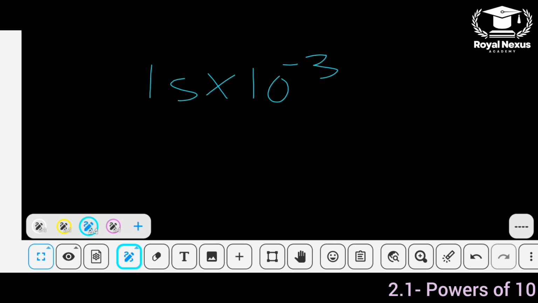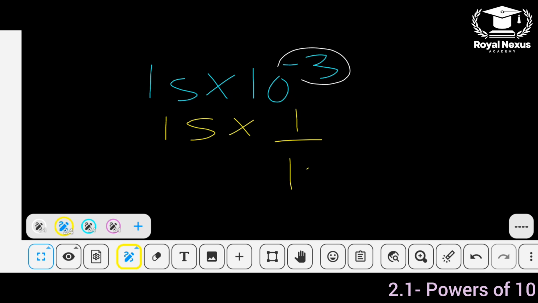Now over here, the power is negative, which means that first we need to convert that power into positive. In order to convert this power to positive, it will be like this: 15 multiplied by 1 upon 10 to the power 3. So we take a reciprocal of this number in order to make the power positive.